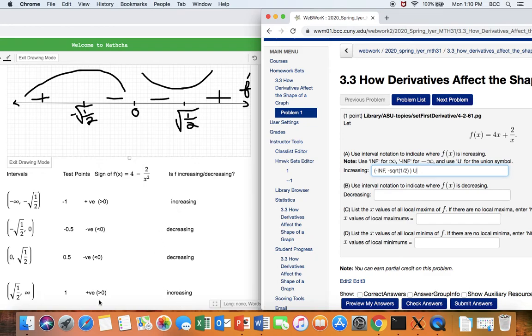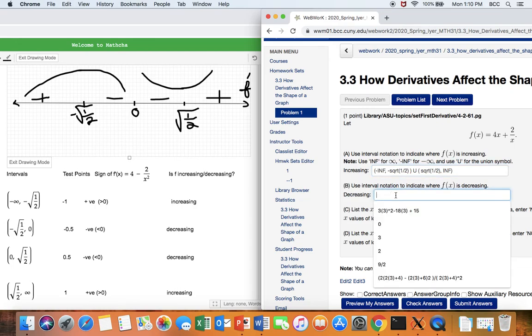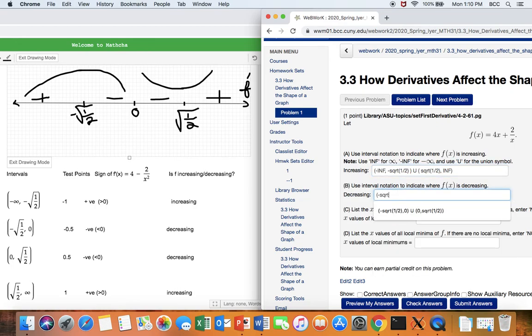The other one is square root 1 over 2 until infinity. Where is it decreasing? Negative square root 1 over 2 until 0, and a union 0 until square root 1 over 2. Don't forget to close all the parentheses.